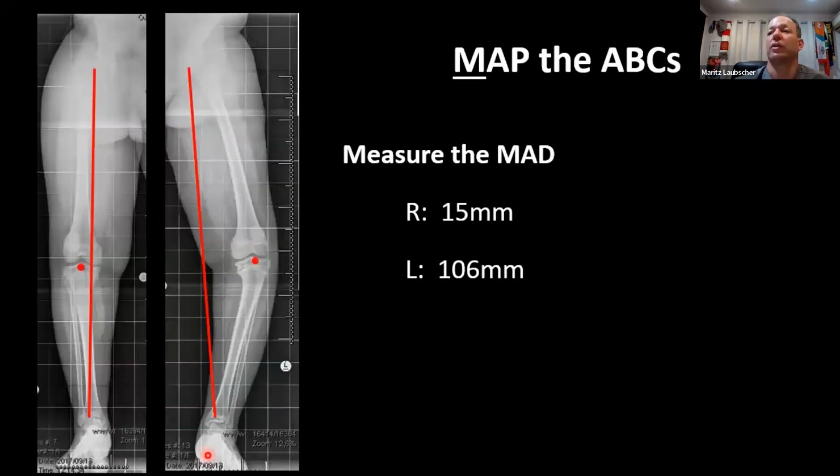So if we start at the first step, it is to measure the mechanical axis deviation. You can see that there's an abnormal alignment of both limbs. If you think back to last week's session, I would say on the right side the mechanical axis deviation is 15 millimeters.